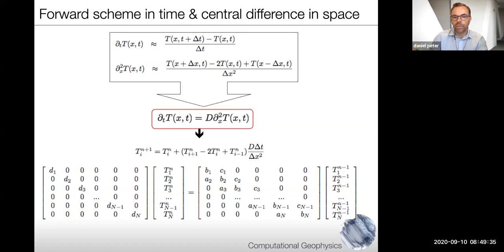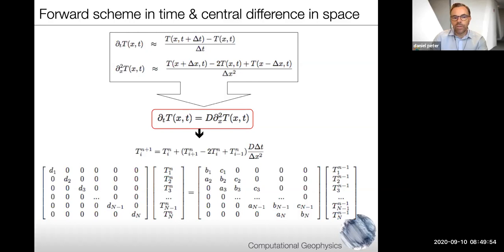So it's an explicit formulation to go from n to n plus 1 for the temperature. And so this is an explicit scheme now.